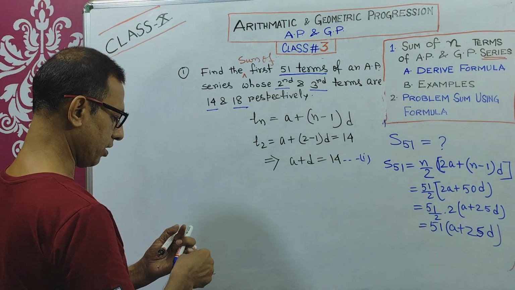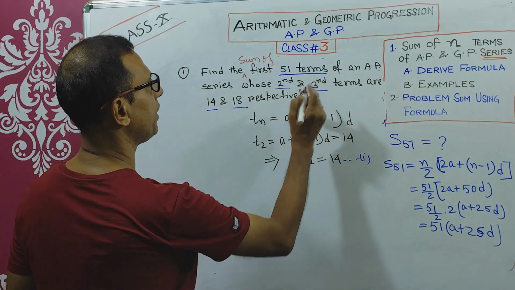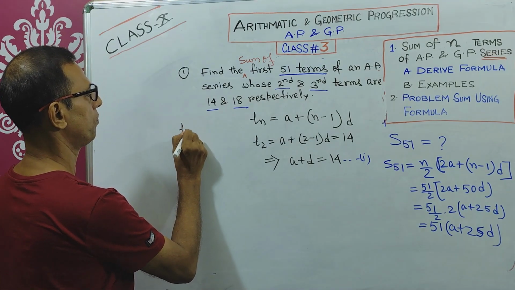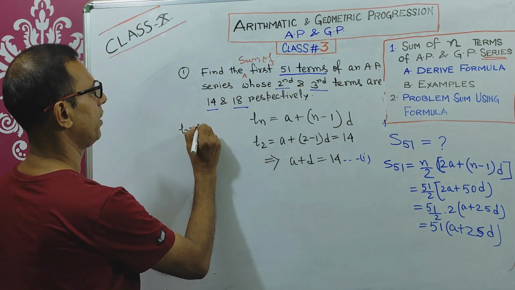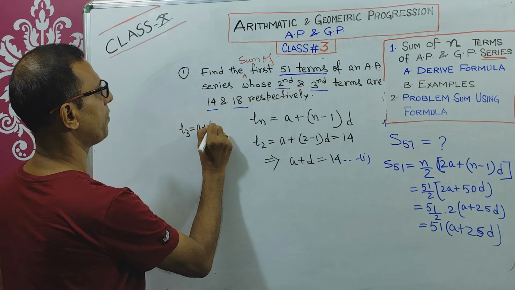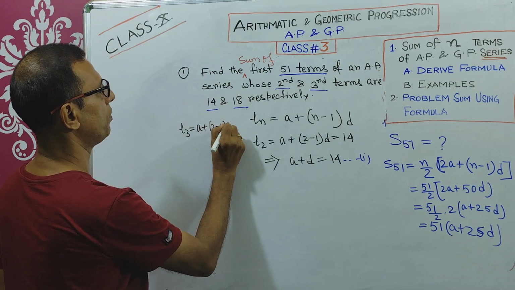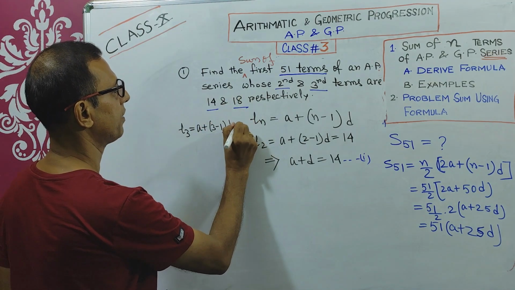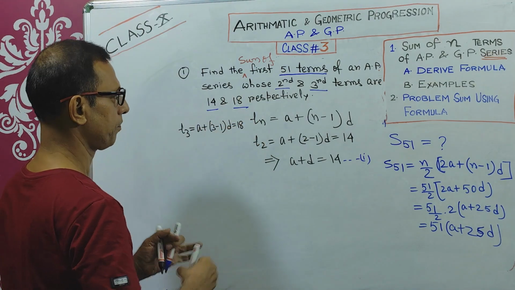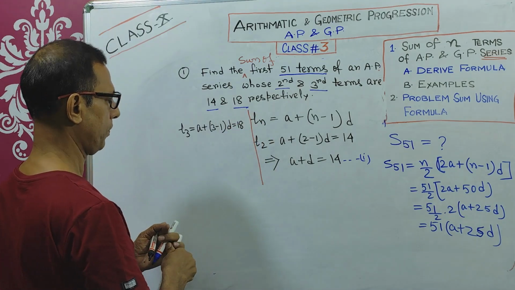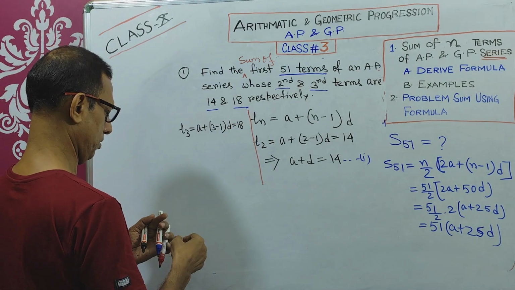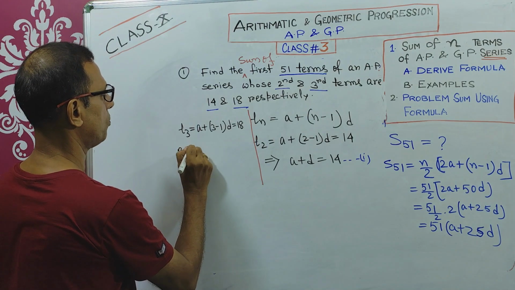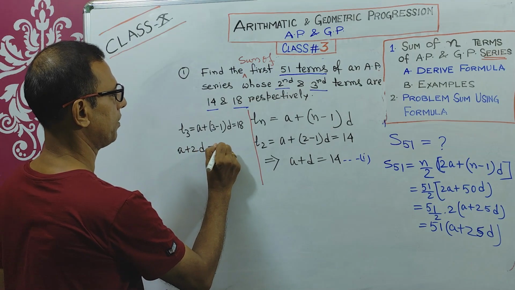What is the second equation? The second condition is T3. T3 equals a plus 3 minus 1 into d, and T3 is 18. So a plus 2d equals 18.